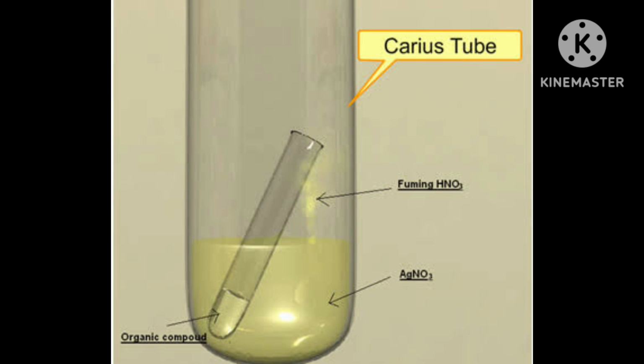Then m1 goes upside, so it is 35.5 divided by 143.5 into m1, where m1 is the mass of silver chloride, or AgX in general. This is a simple formula to calculate the mass of X, or the mass of chloride, because chloride is in the form of AgCl.